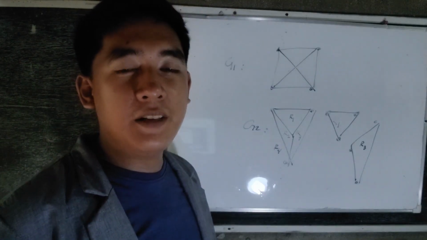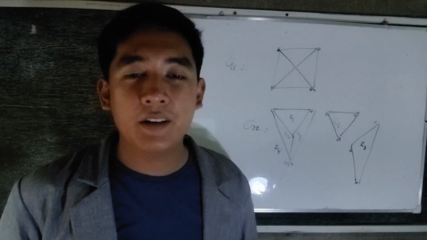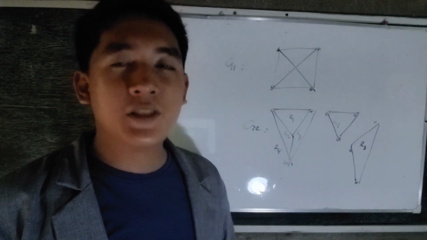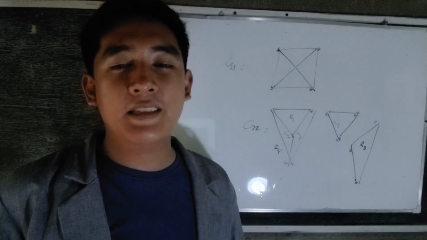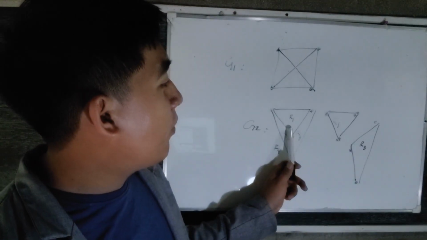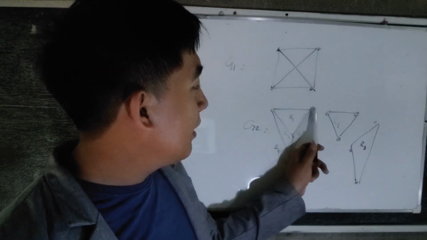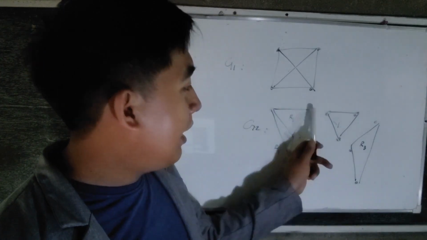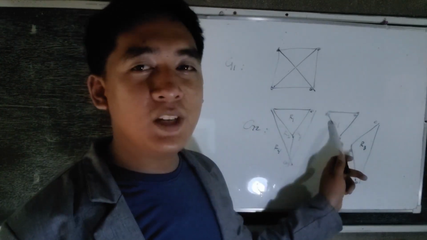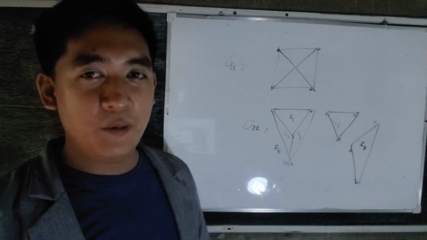Now, if we consider the boundary of R1, the boundary of R1 includes the edges and vertices incident with R1. These are the edges and vertices incident to it, and this forms a subgraph of G2.